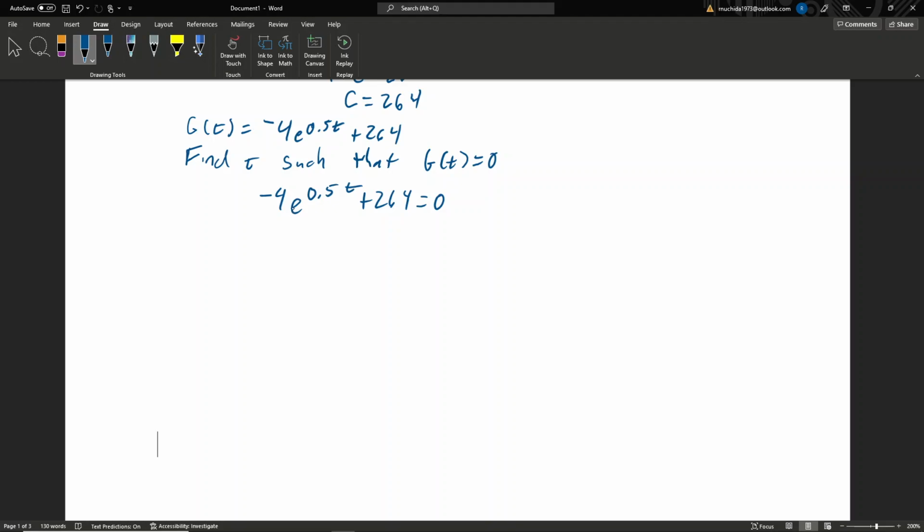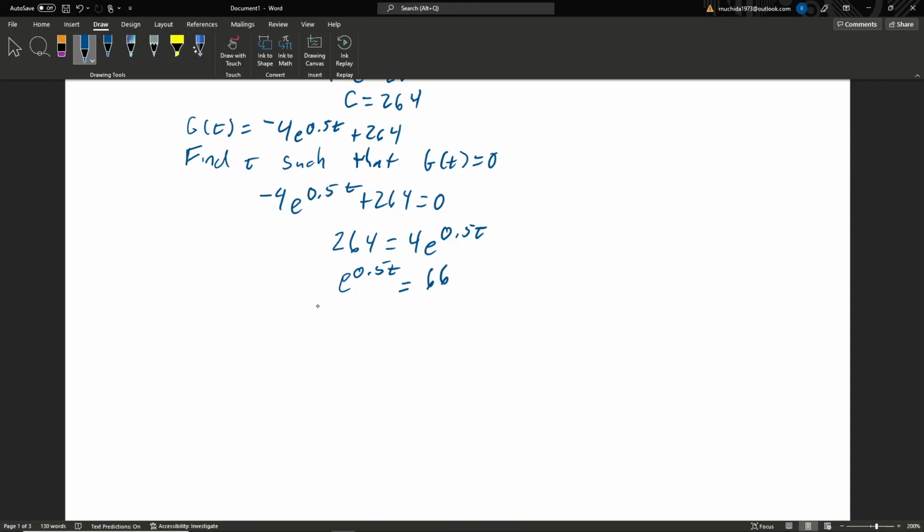Let me add 4 e to the 0.5t to both sides. So we get 264 equals 4 e to the 0.5t. Divide both sides by 4, and let me flip which side is which. So this would be e to the 0.5t equals 264 divided by 4, which is 66.